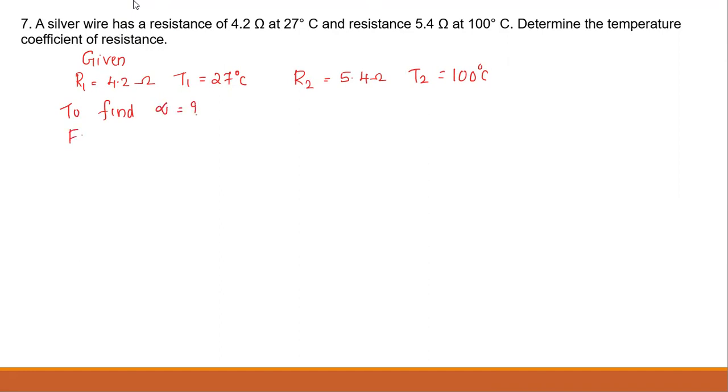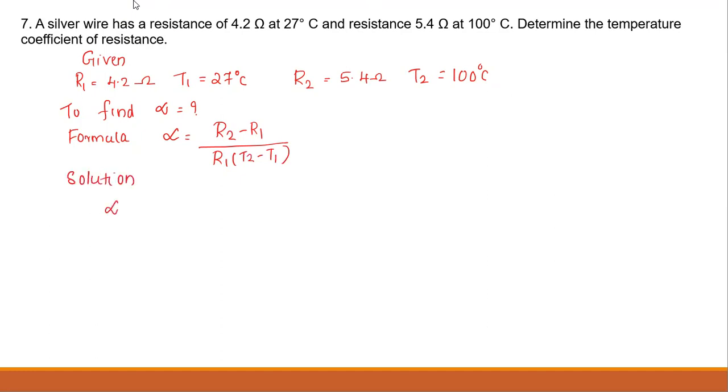We know that the formula for temperature coefficient is alpha is equal to R2 minus R1 upon R1 into T2 minus T1. On substituting the values, we will get the solution.